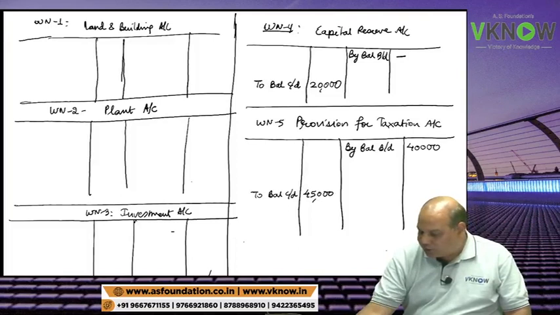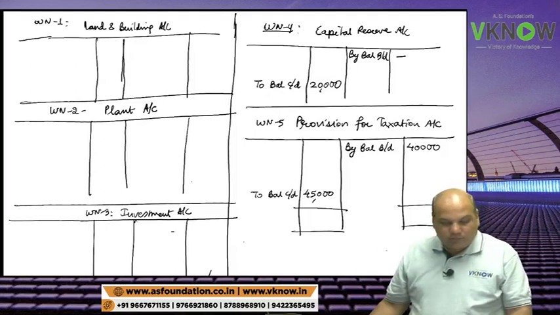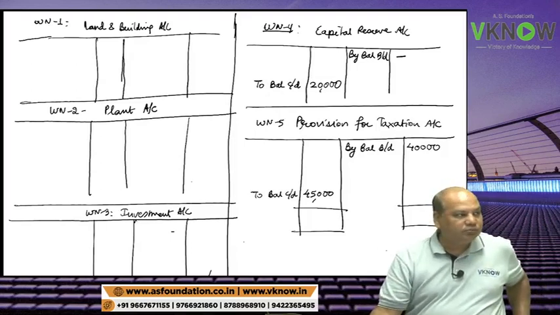It is a liability. So liability item will have opening balance, by balance brought down, and closing balance, to balance carried down in the last line. Up to provision for taxation, any query?